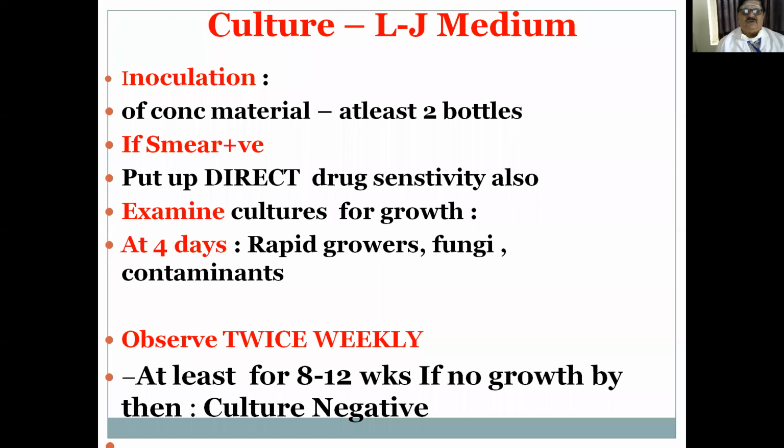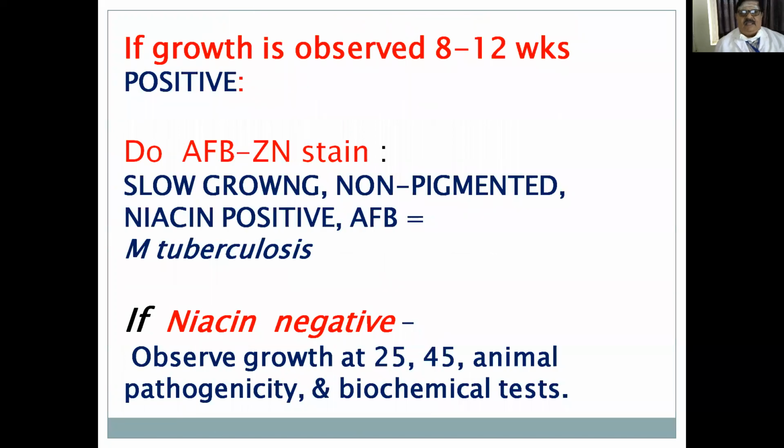If there is no growth, then only you say culture negative. So rapid growers, either contaminants or fungi, can be excluded in the first week. Then you observe every 2 weeks, and if there is no growth at 8 to 12 weeks, it is culture negative. If there is growth, you declare it as positive.